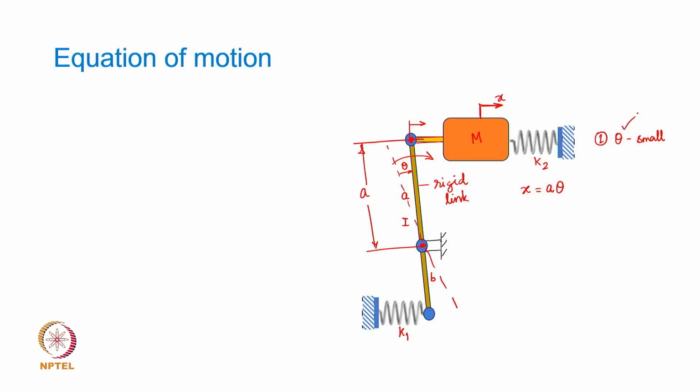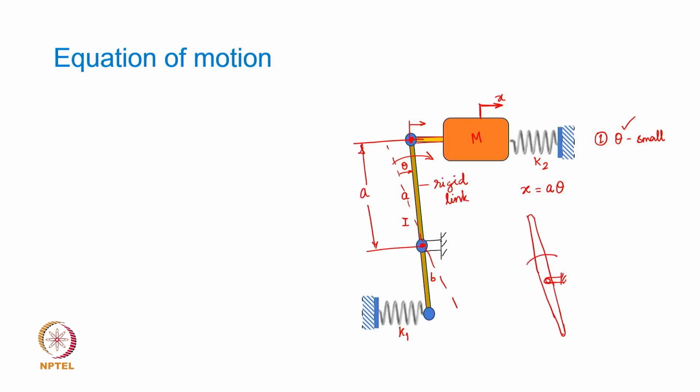Okay. Now, if that is the case, let us look at what are the forces which are going to act on various elements here. We may consider this link which is fulcrumed here.